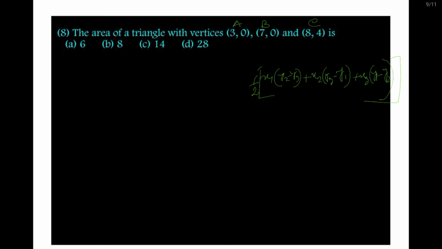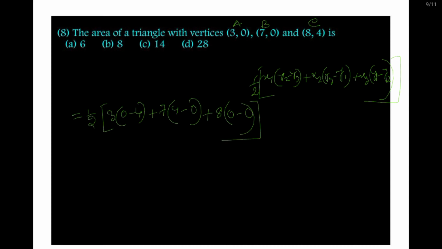So we can get it as half of x1, which is 3, of (y2 minus y3). y2 is 0 and y3 is 4, plus x2, x2 is 7, and (y3 minus y1), y3 is 4 minus 0 which is y1, plus x3, x3 is 8, of (y1 minus y2). y1 is 0 minus y2 is also 0.